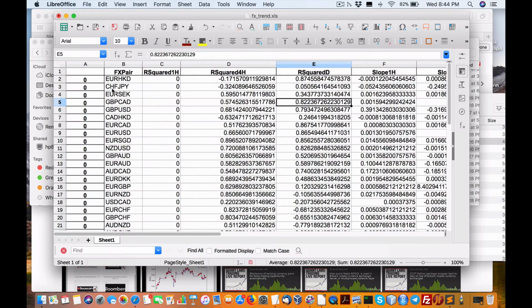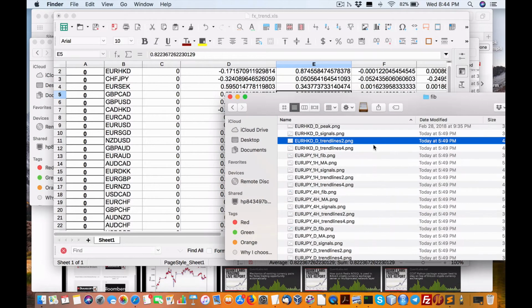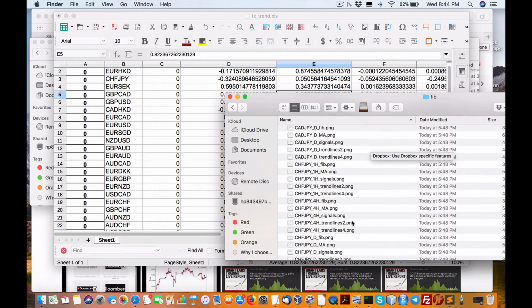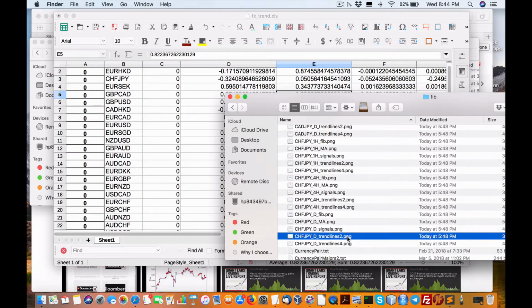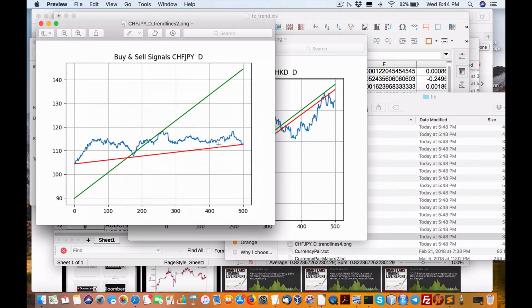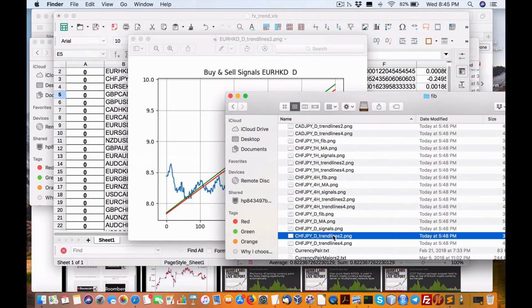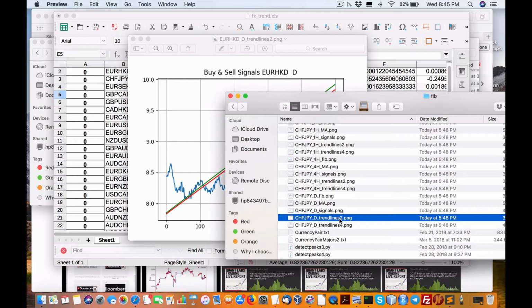If I go back to the spreadsheet, the next one is the Swiss franc and the Japanese yen. If I look for that one, again on the daily trend, this one right here, it's really flat. Oh, I'm sorry, it doesn't really matter, they're the same.